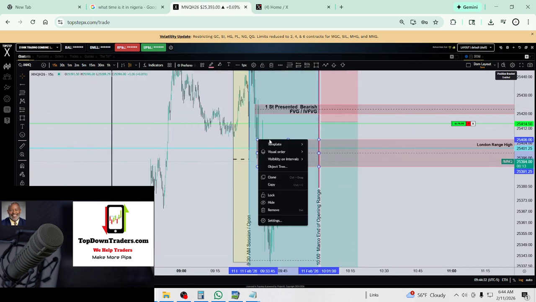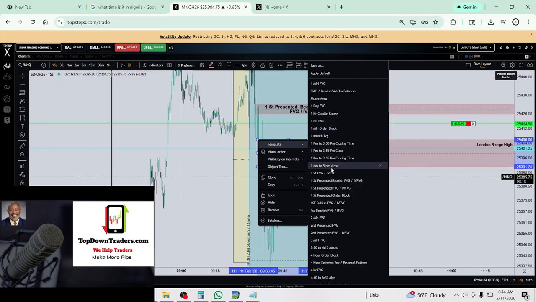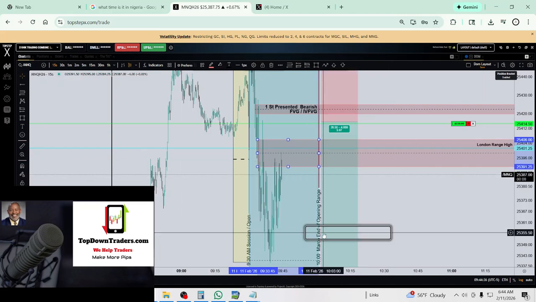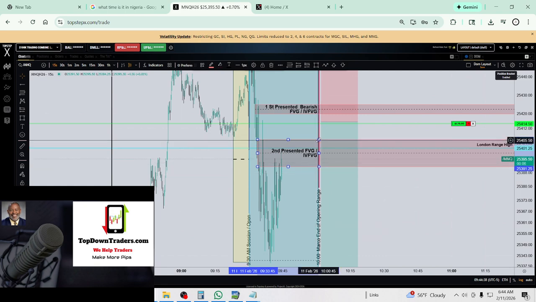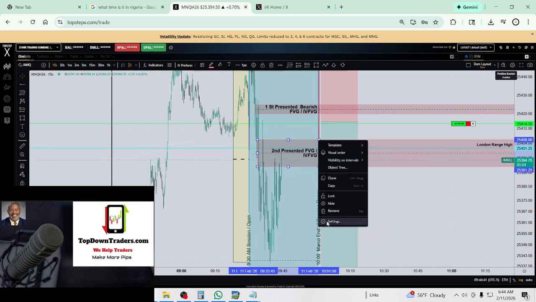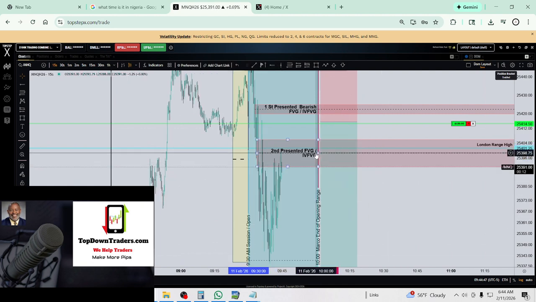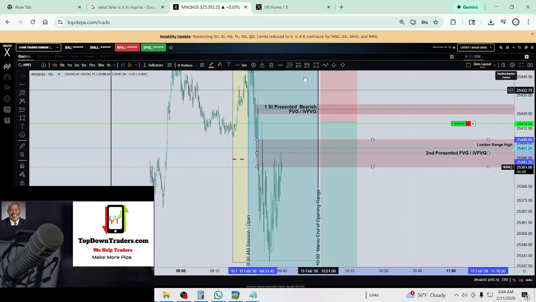No, the second presented fair value gap right there. It doesn't have to be extended all the way to the right. I guess it could because we don't know how long this is going to go. So I will extend that and lock it.